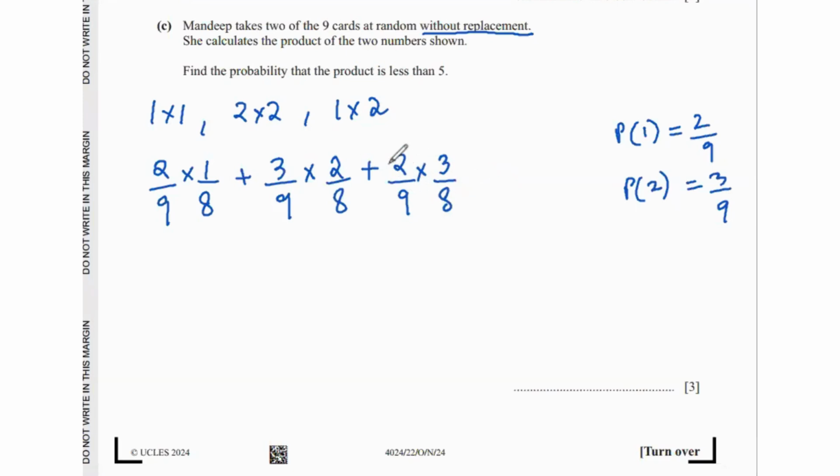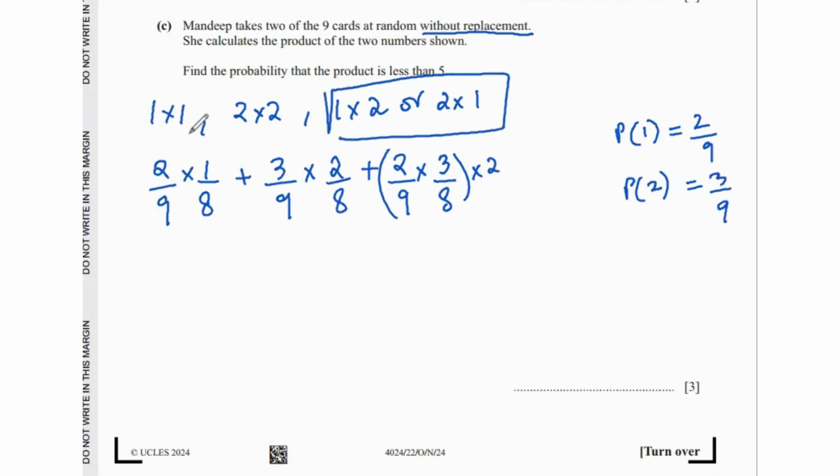Now for 2 over 9 times 3 over 8, we're going to multiply it by 2 as well because this can be 1 times 2 or 2 times 1. We can pick the number 2 card first and then the number 1 card. So both these would give us a product of 2. Whereas for 1, 1 and 2, 2, it doesn't make a difference because we're picking the same number.